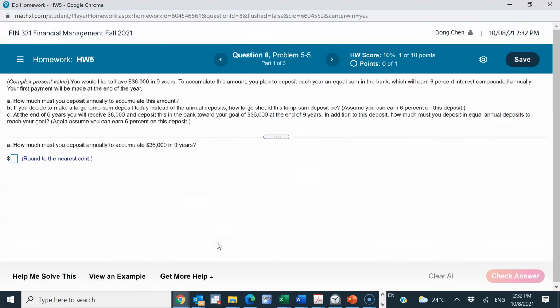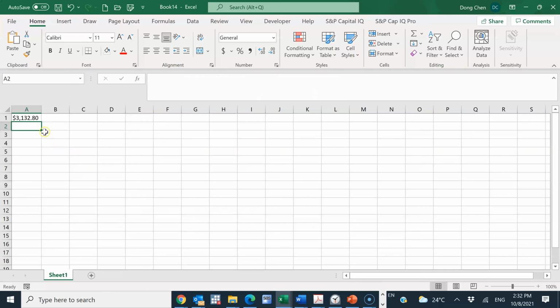But before we stop, we need to go back to check the rounding requirement. Here it says round to the nearest cent. I guess this is what we have done already, but sometimes depending on your setup, you may have to adjust the cell format to conform to that rounding requirement.